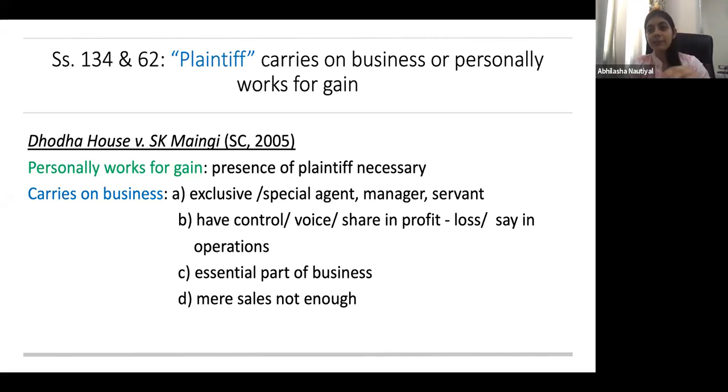Just because you're selling a product in a certain jurisdiction, or providing your services, by itself is not enough. You need to show that it's exclusive or through a special agent, or where you have control in the profit and loss of the operations in that jurisdiction. This is what the Supreme Court explained carrying on business or personally works for gain to mean.